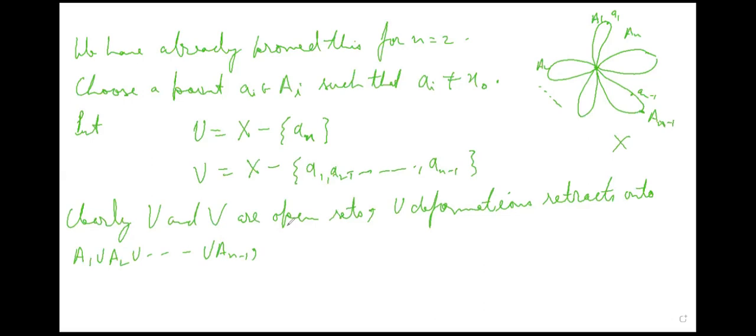And now what you do is, if you consider V, right? So V is the one which is obtained by removing A1, A2 and so on AN minus 1 from X, right? So you just see that if you remove A1 from this capital A1 and then A2 from this capital A2, then you will have something like this.